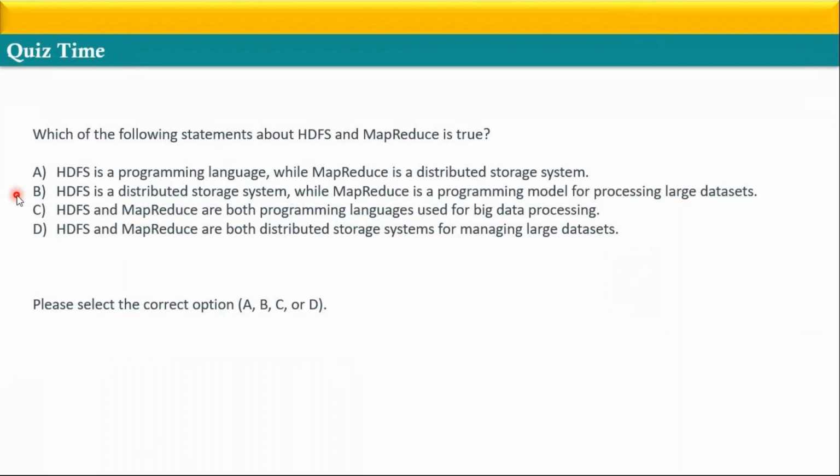HDFS is the distributed storage, and MapReduce is distributed processing. For the processing perspective, we have seen mapper, reducer, combiner, partitioner. These are nothing but programming models for how we can process huge amounts of data. So B is the correct answer.